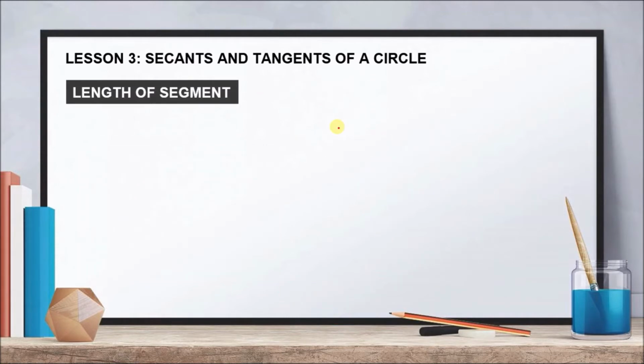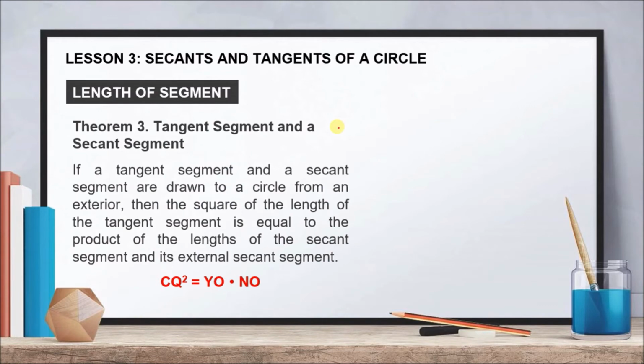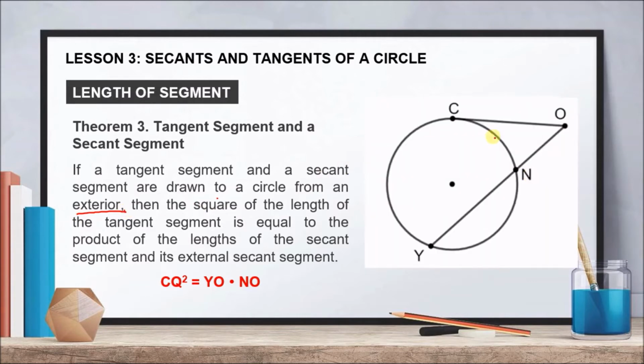Okay? What about when we have this condition? A combination of a tangent segment and a secant segment. This is the statement behind that one. If a tangent segment and a secant segment are drawn to a circle from an exterior point, so later on, in our drawing, you will see this is what we call the exterior point.